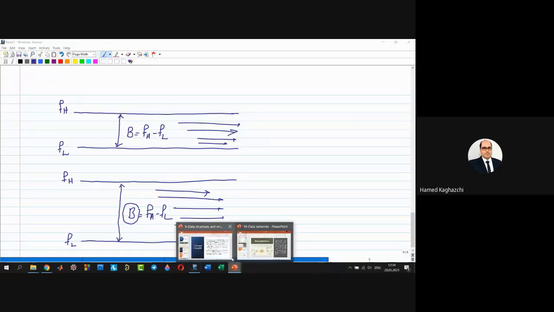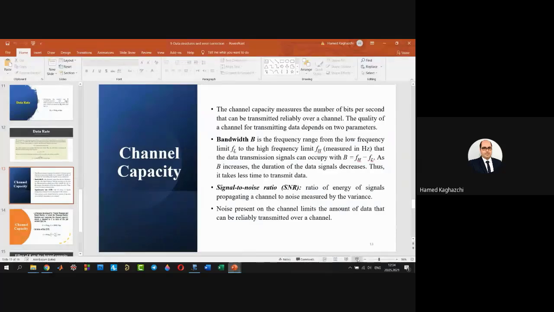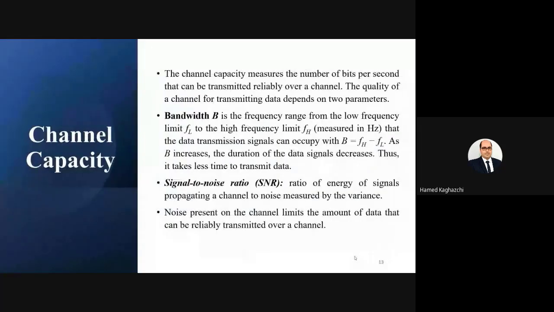The second parameter and factor that affects the channel capacity is SNR, that we talked about in the previous chapter.